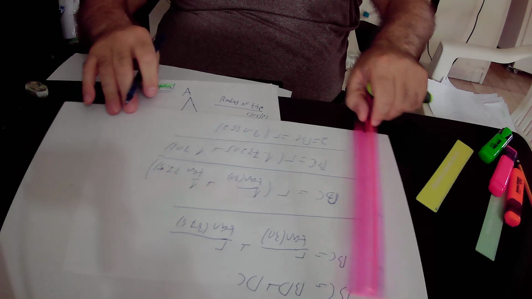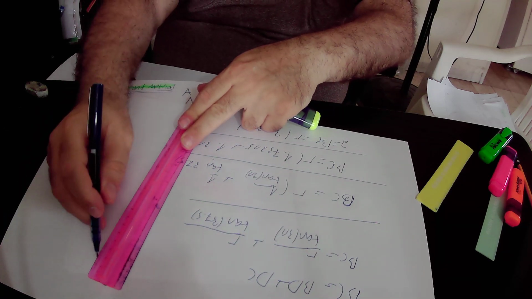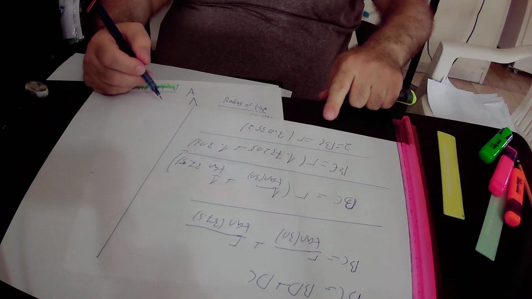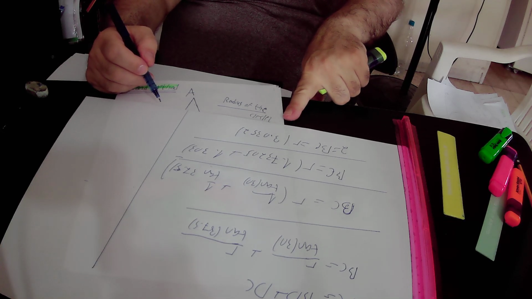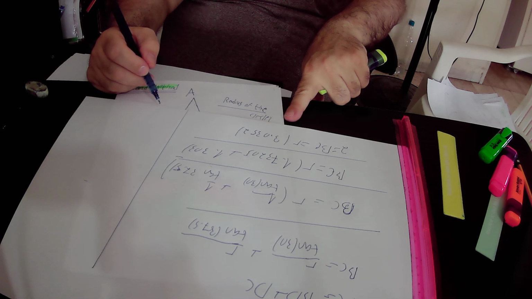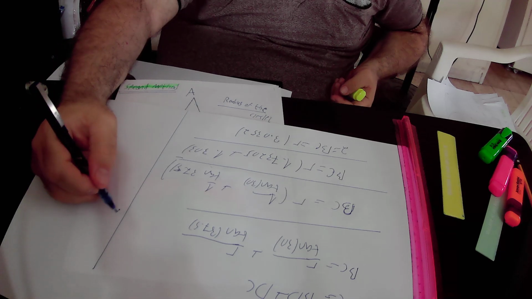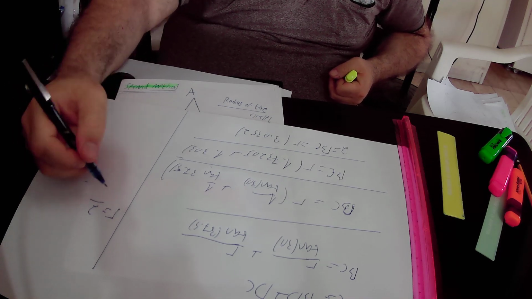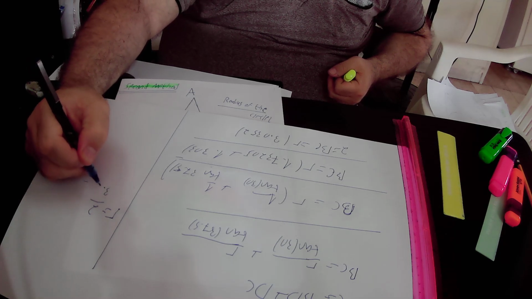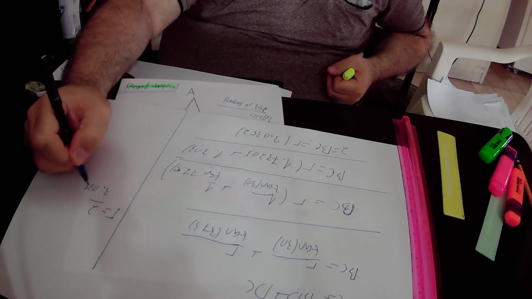So here we found that R, we divide this equation by 3.0352, and we get that R equals 2 over 3.0352.